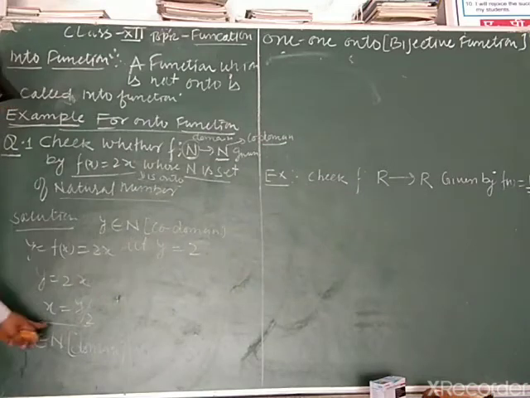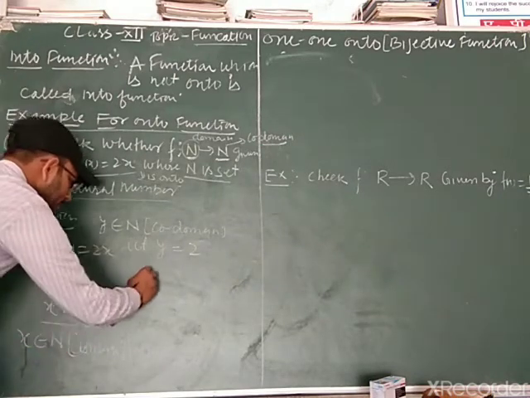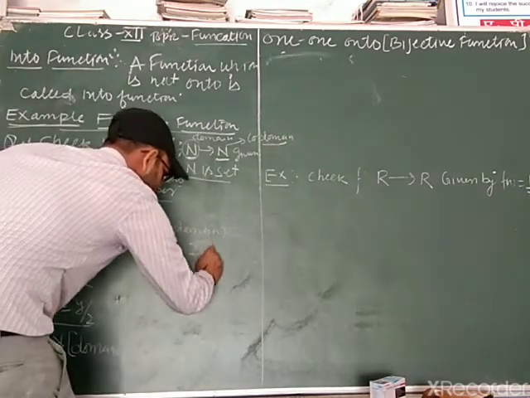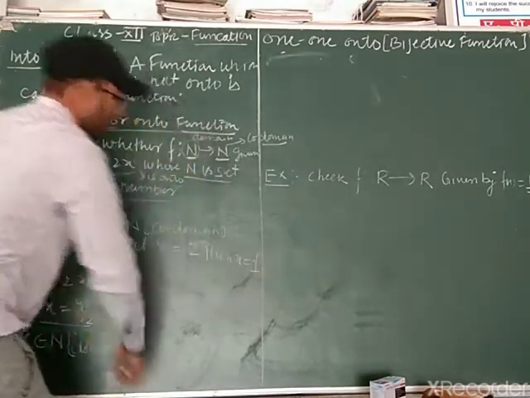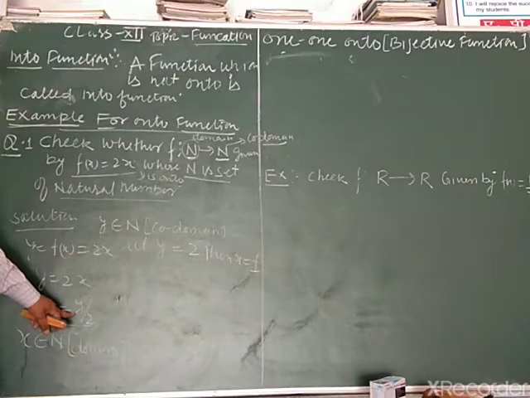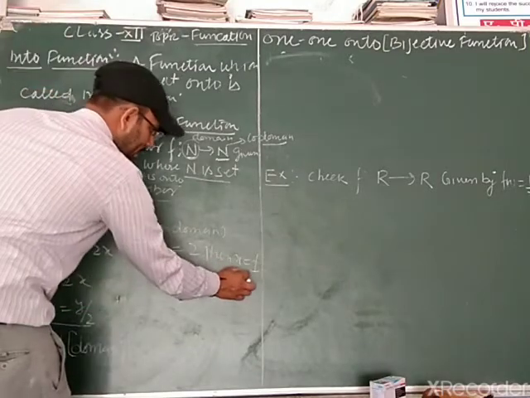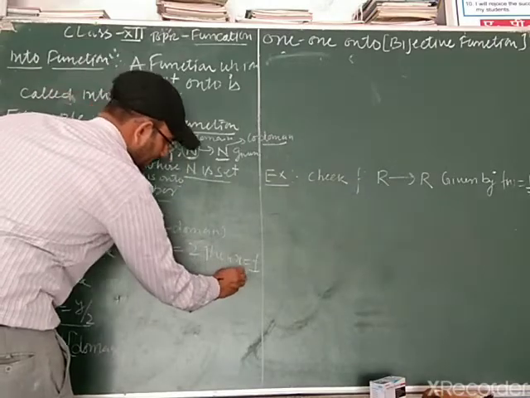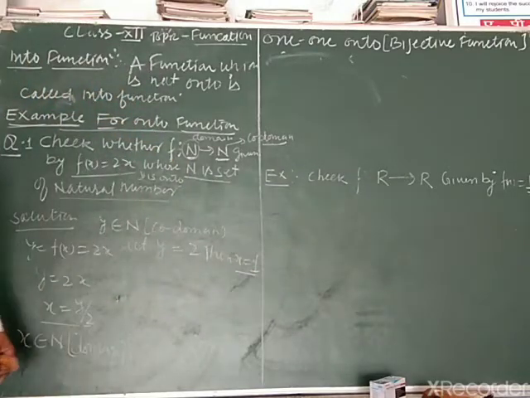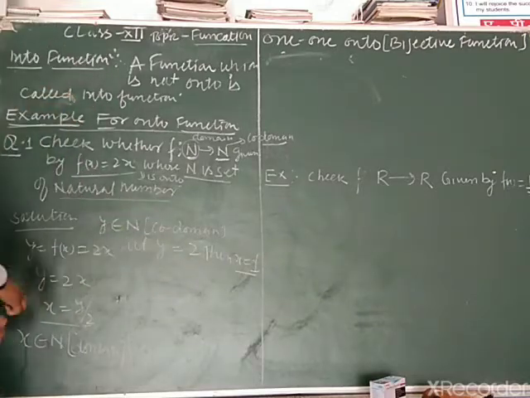If y = 2, then x = 1. Clear? So check, does x belong to the natural numbers? Yes, because x is equal to 1 and 1 is a natural number. So in this case it is true.